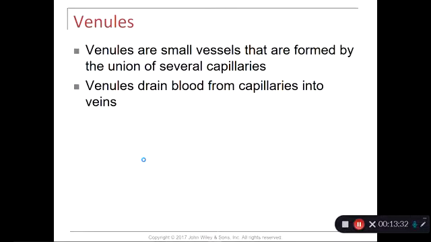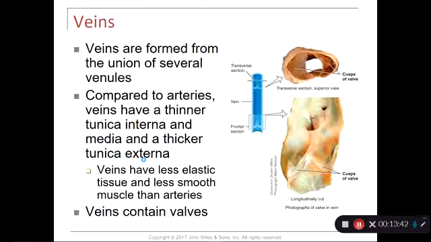The venules are the smallest forms of a vein, and they take up the blood from the capillaries. These venules come together eventually and form veins. You can see that these veins have valves. They help make certain that blood gets up the leg or up your extremities or back to the heart.